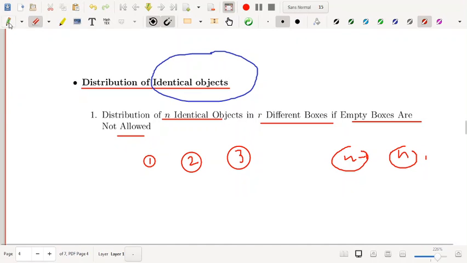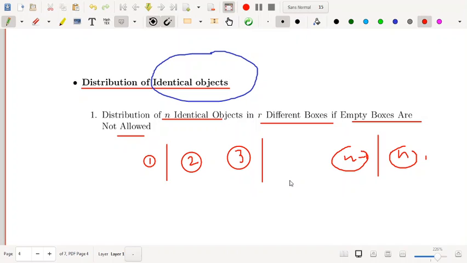So you want r minus 1 partitions. Hence you can put the partitions here, here, and here, but not on the left of the first object and not on the right of the last object. So this is how you can put partitions.